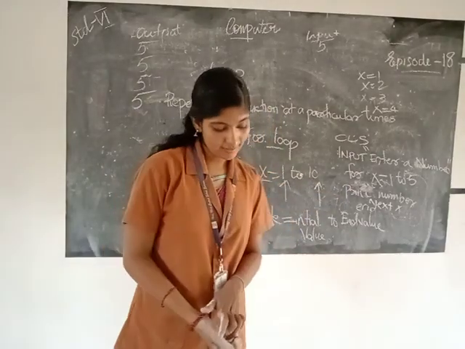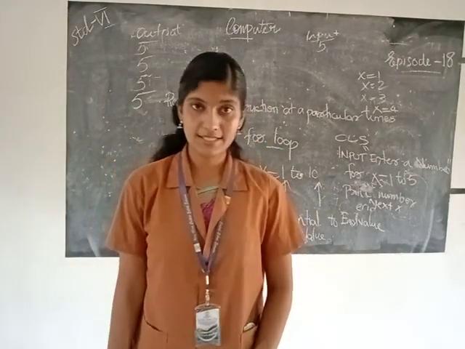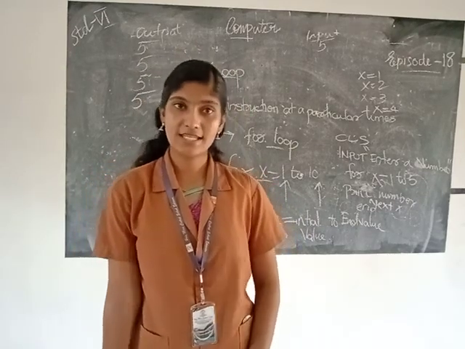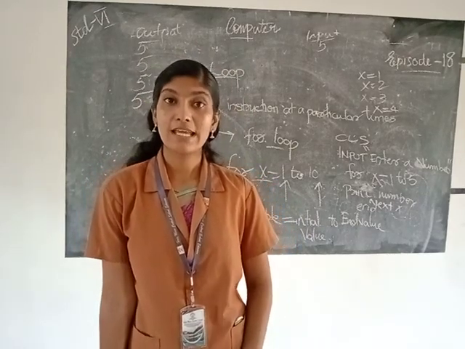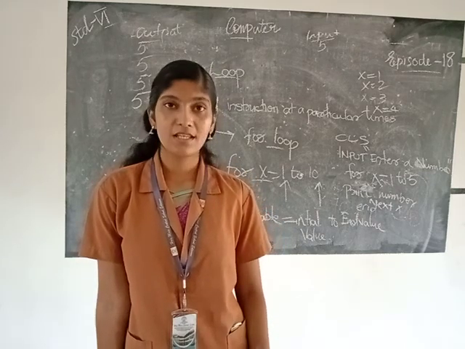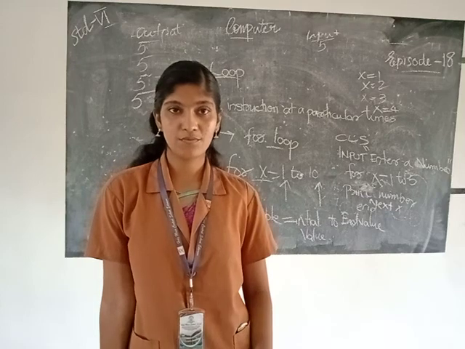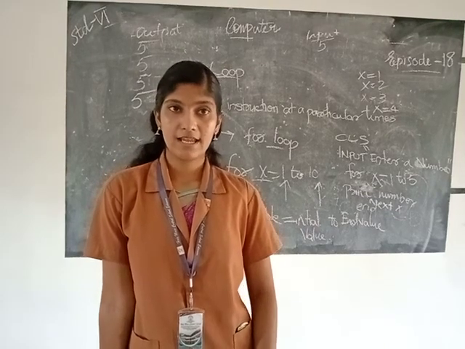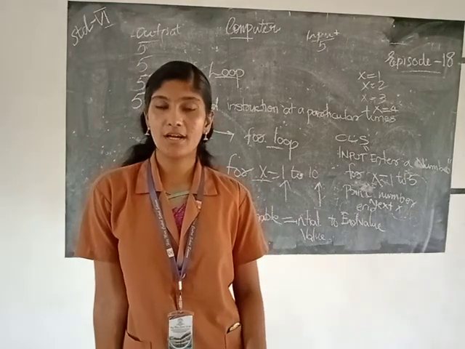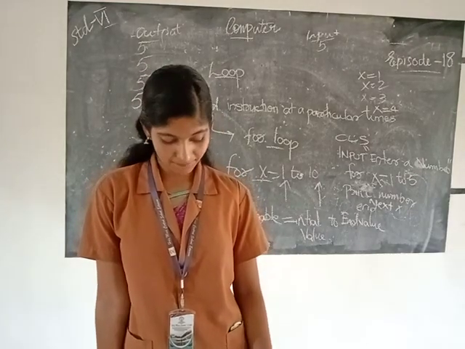So once again, here first CLS clears the screen. Then next is input, enter a name. You can enter any name. Then for x is equal to 1 to 5, that means the initial value is 1 and the final value is 5.